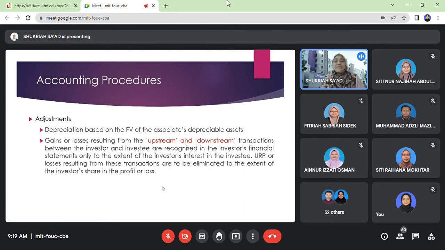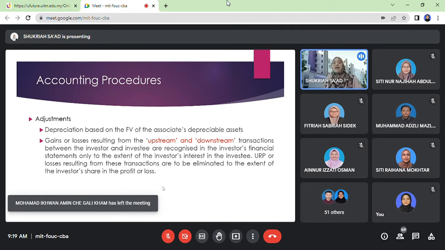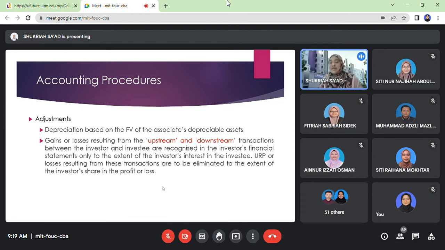Alright, adjustment. We're talking about intercompany transactions. So what are the common adjustments with regards to intercompany transactions? Number one is depreciation. Number two is unrealized profit. Unrealized profit actually comes from the transaction of sales of asset.